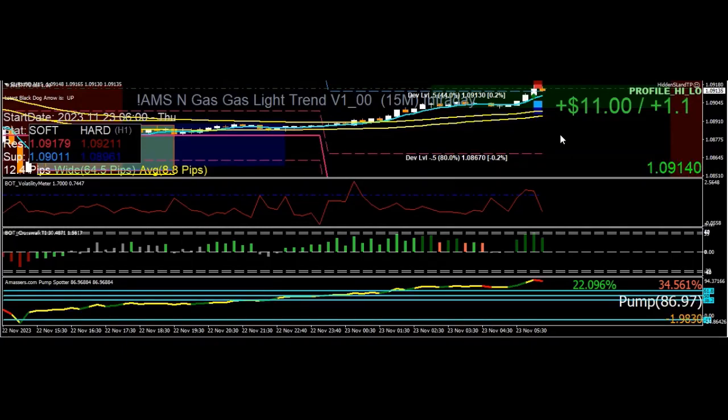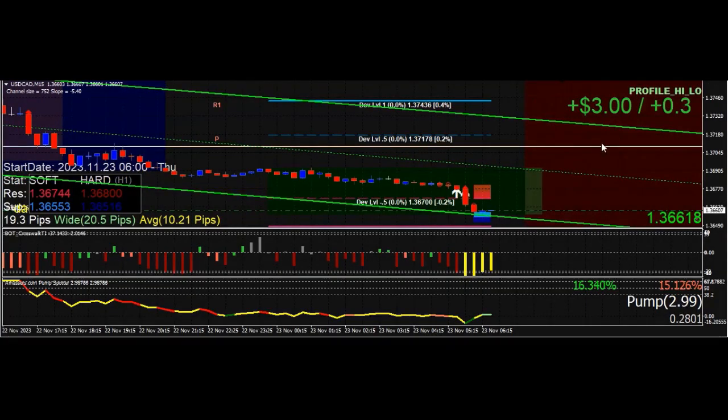Now in this section I'm getting ready to sell half of my little hedge. There's 1.3 pips. And that was the Euro USD. And now I'm over here on the other side, which is the USD CAD, where I was buying.